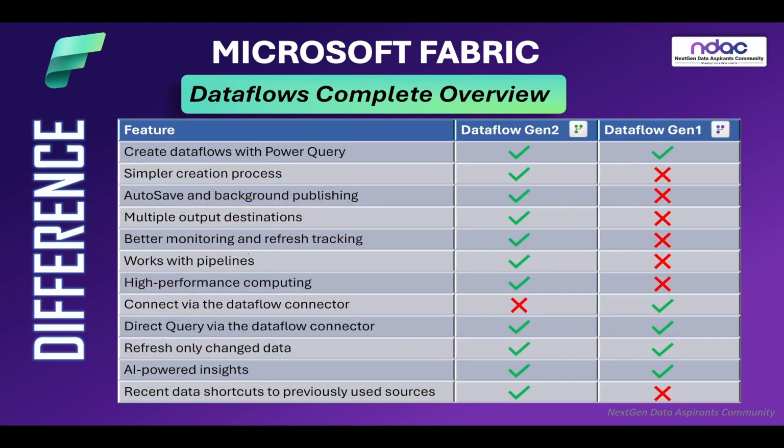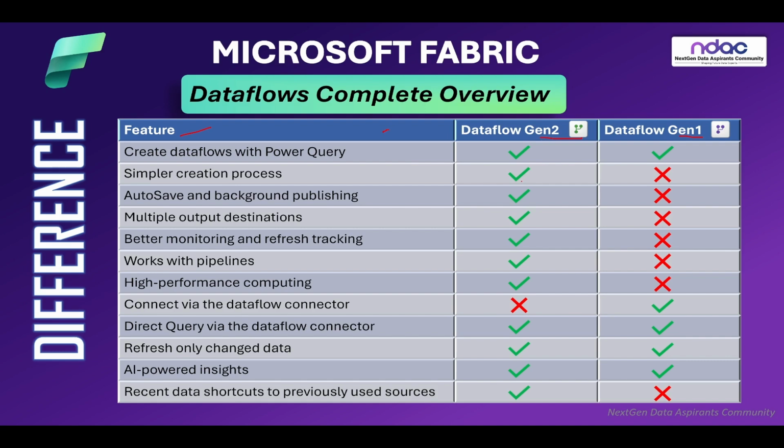Fine. Now let's see the difference between Dataflow Gen1 and Gen2 in terms of features. In this table, the first column is the feature, and this is Dataflow Gen2 in the green color logo, and Dataflow Gen1 in the purple color logo. First thing, creating dataflows with Power Query. It is supported in both. Now simpler creation process.